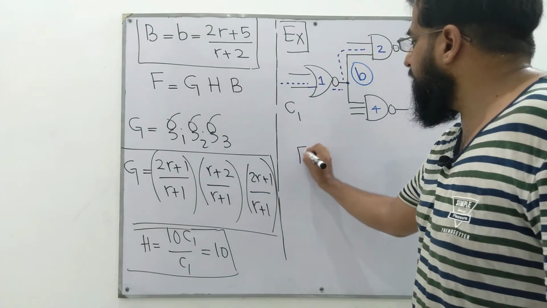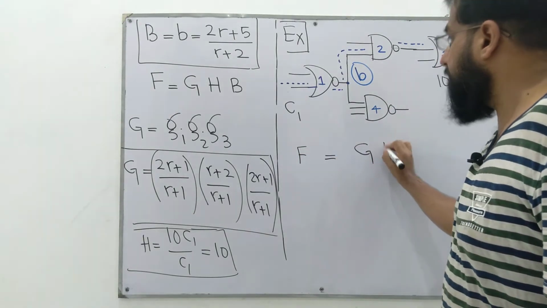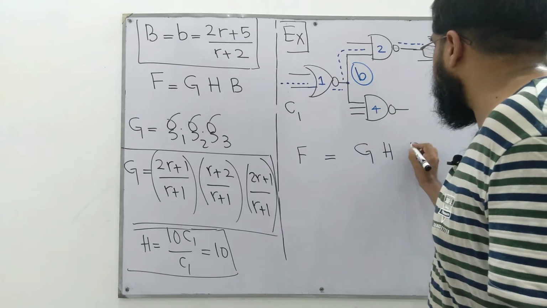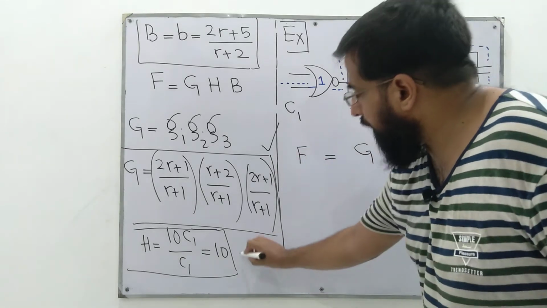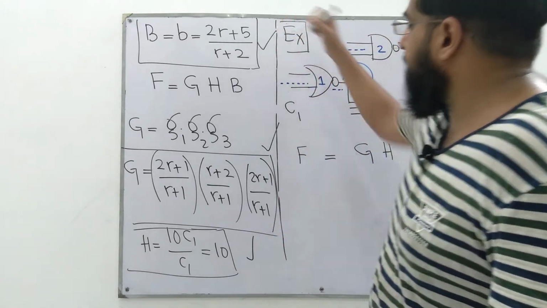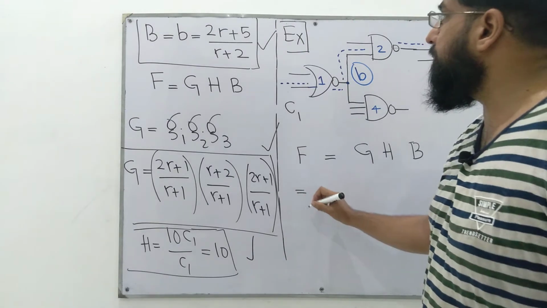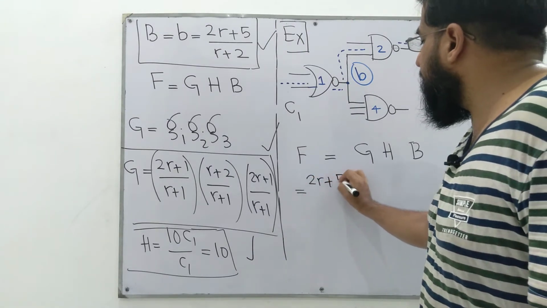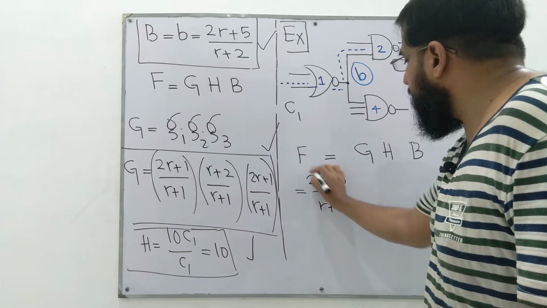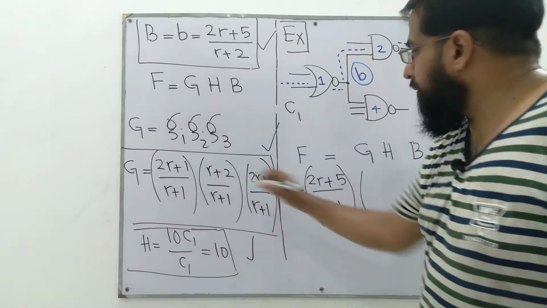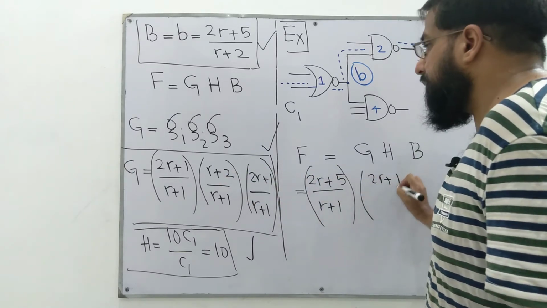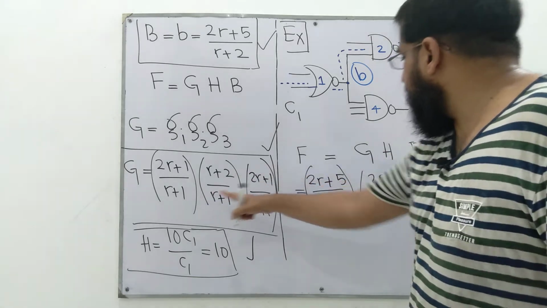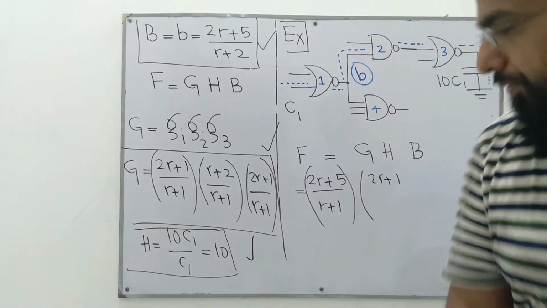Path effort would be G times H times B. We have computed G, H and B. Let me write G first.